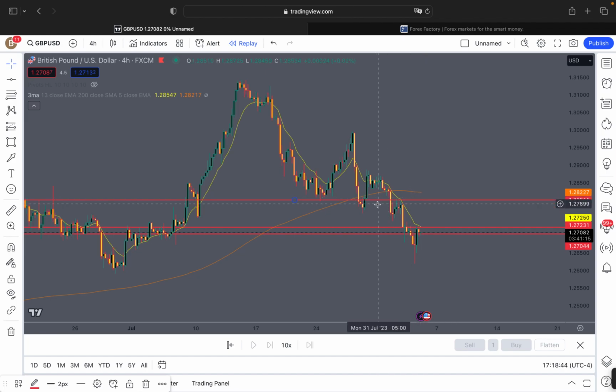Because it broke this structure, meaning, why is it coming up to this structure point when it should be going downwards? You want it to be going down, not up. If it's going up, you want to kind of recalibrate everything and make sure that you're in the right trade. This is when you want to see a break of some sort, you want to see a retest, and then that's when you would buy, because the market should go from here on up to the moon.